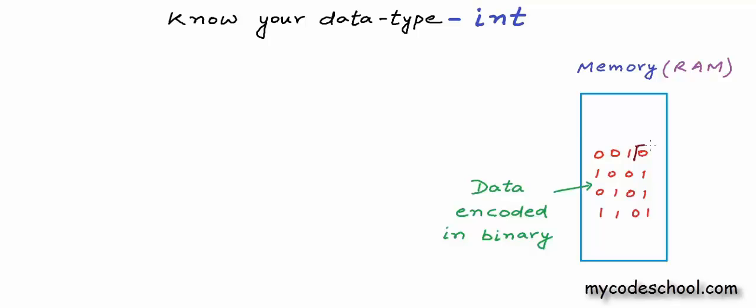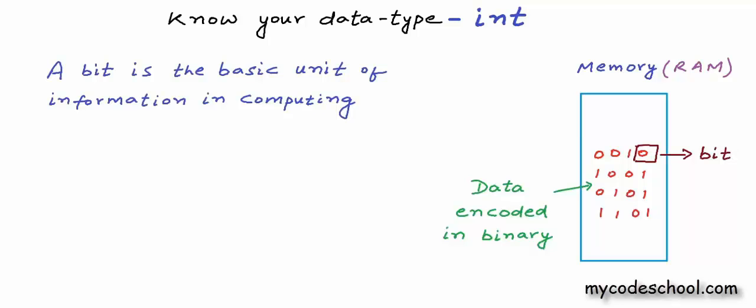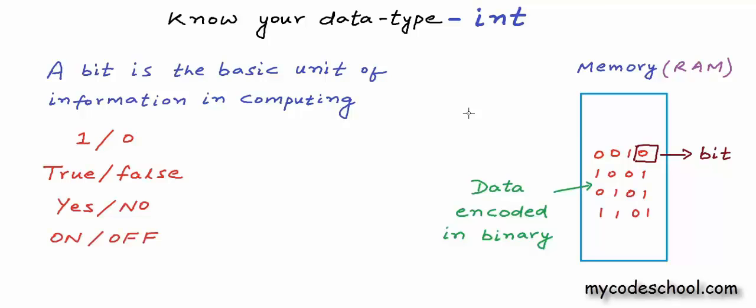A binary digit is called a bit, and a bit is the lowest or most basic unit of information in computing or digital communication. A bit can have only two values, 1 and 0, and these two values can be interpreted as true and false, or yes and no, or on and off, or anything else that can have only two values.